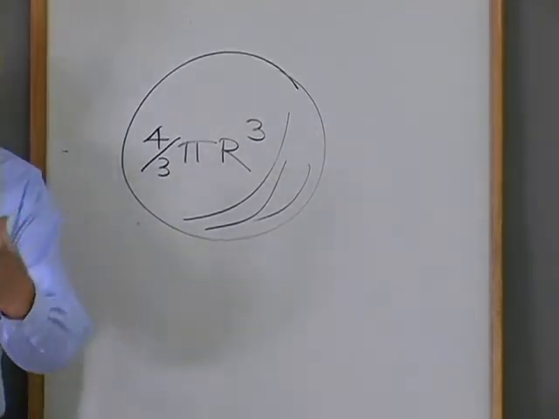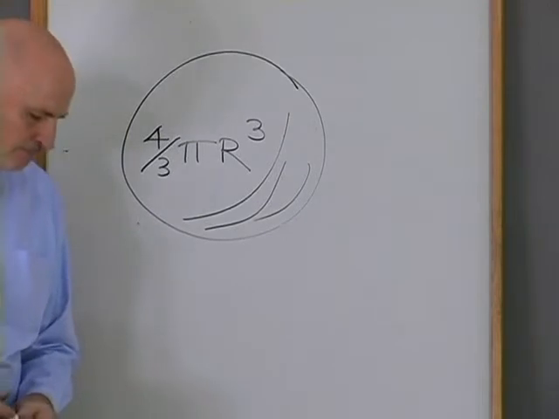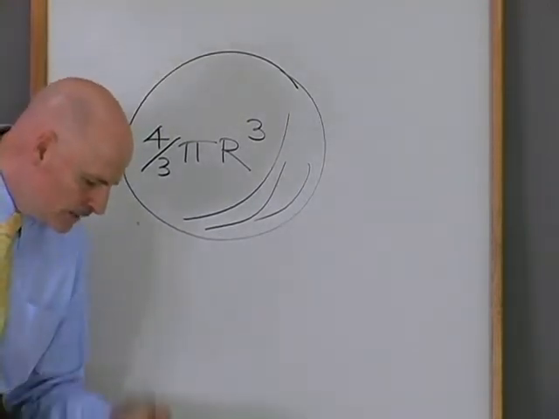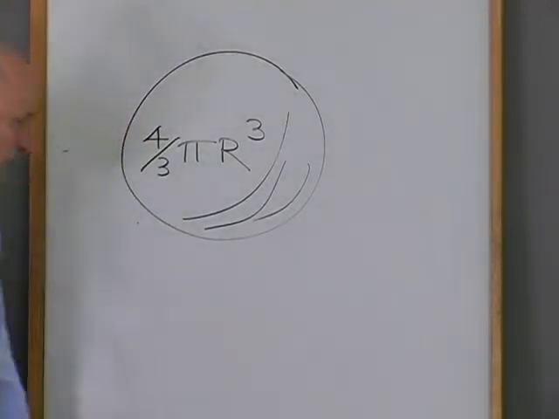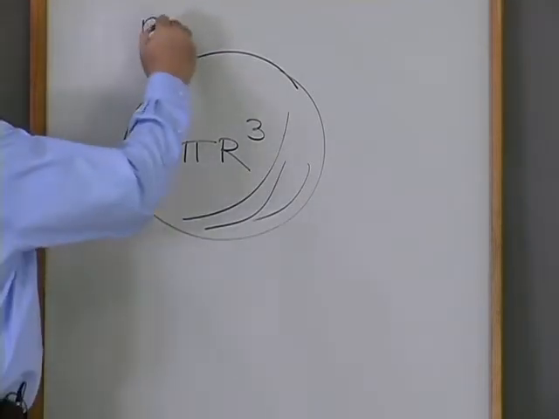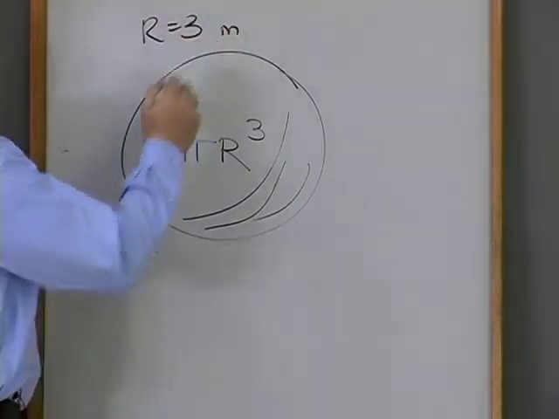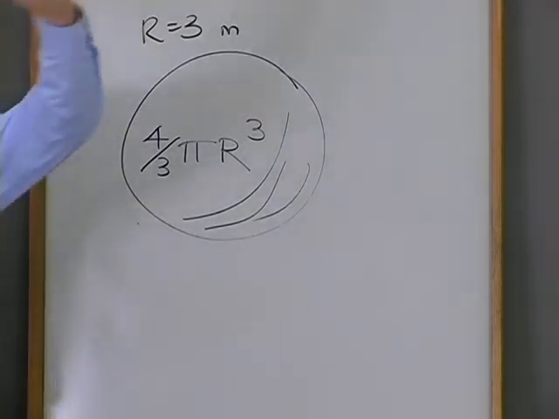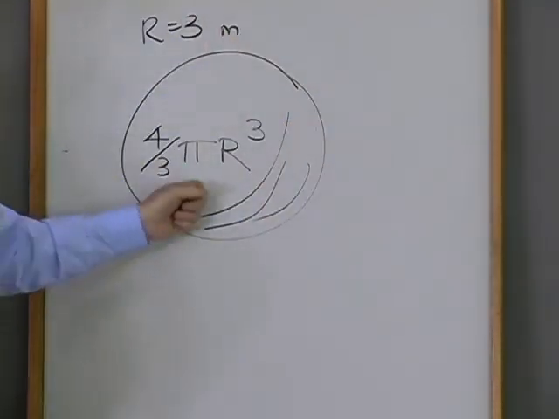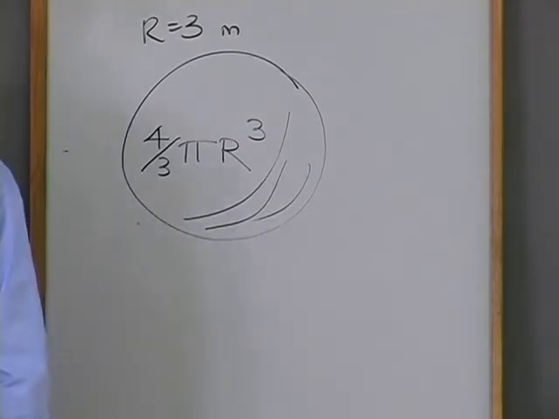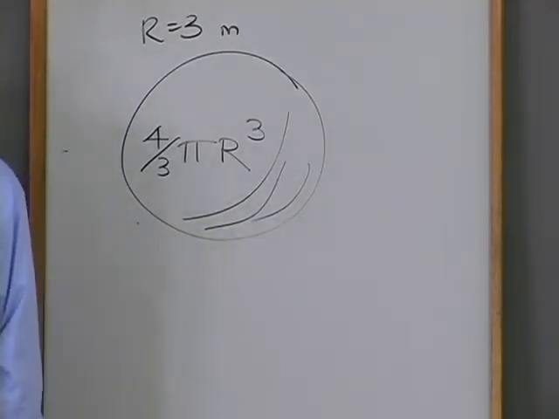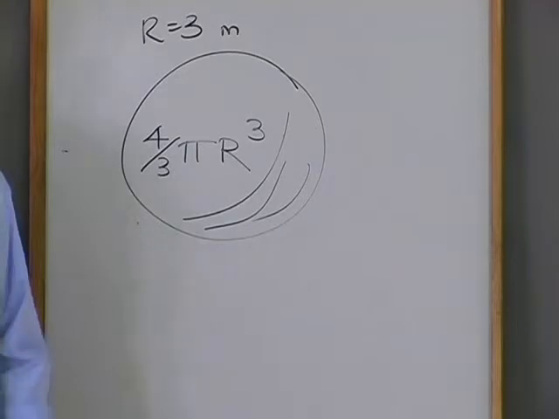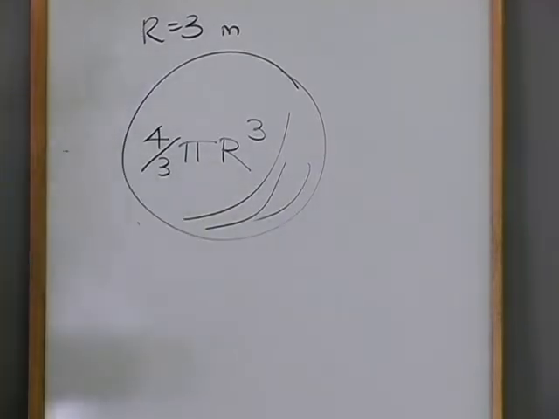So if the radius is, well, let's see what it says there. 3. Radius is 3 meters. That's a big sphere, right? How many cubic meters inside? Figure it out. Go. Those of you at home, turn the thing off, work it out.